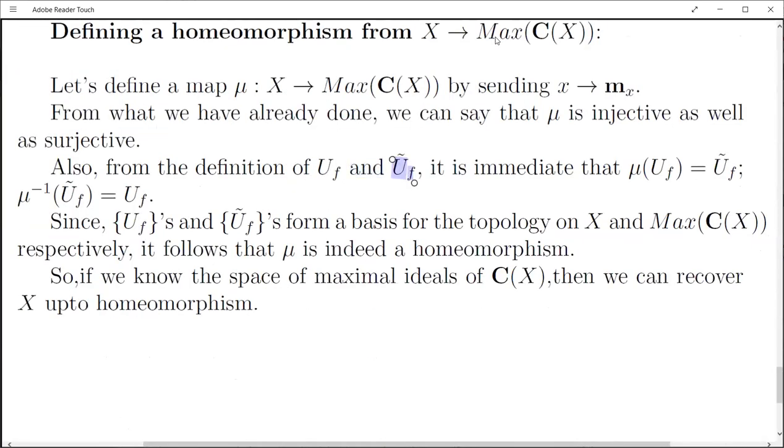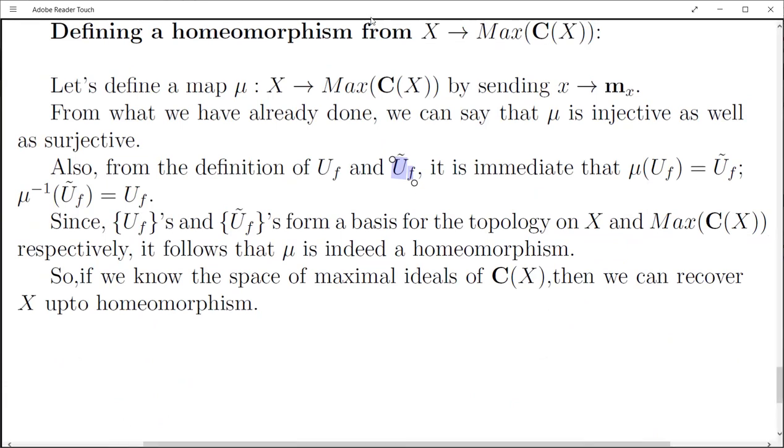So just observe that we have explicitly used the topological property of X to characterize all possible maximal ideals of C(X). And then by some elementary argument, we have shown that these are homeomorphic.